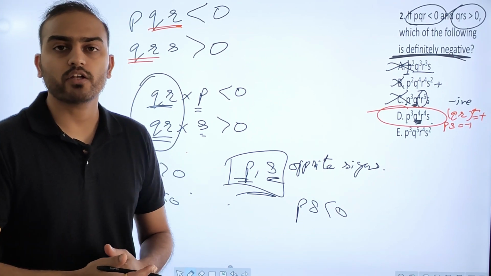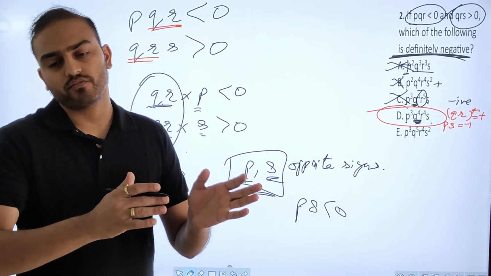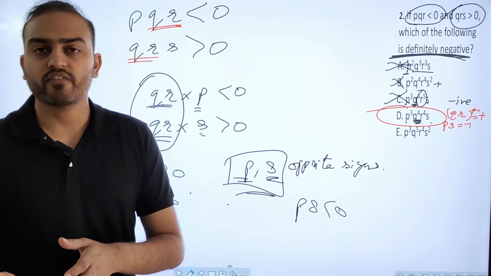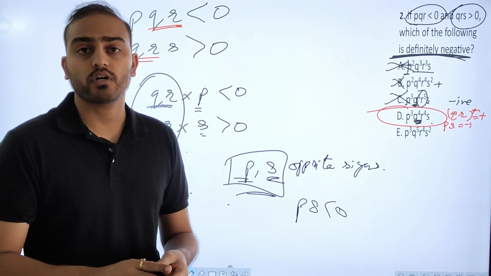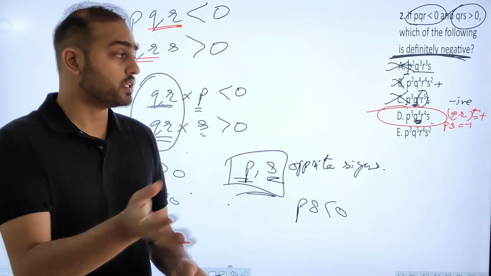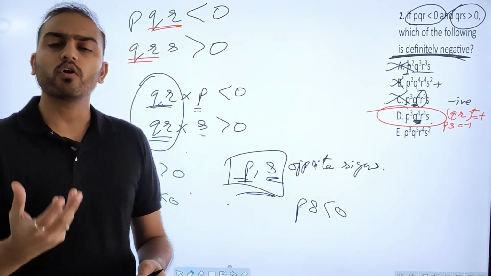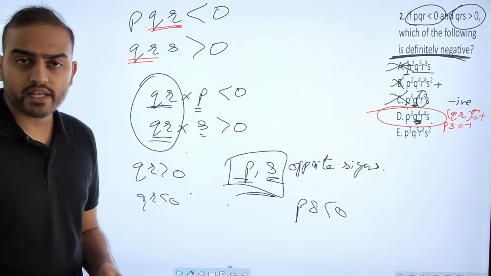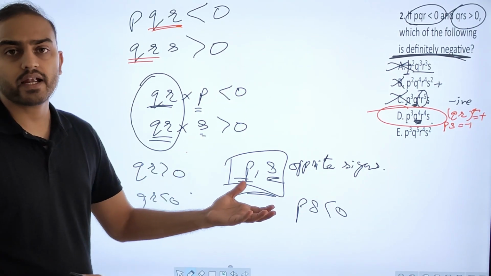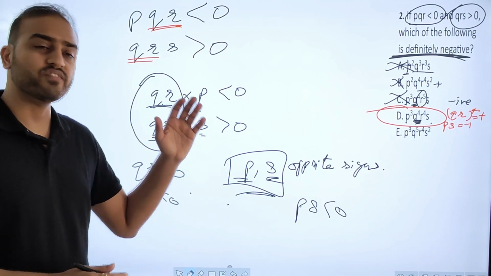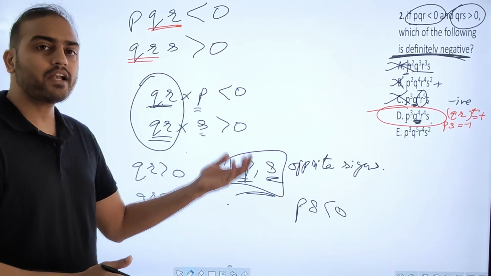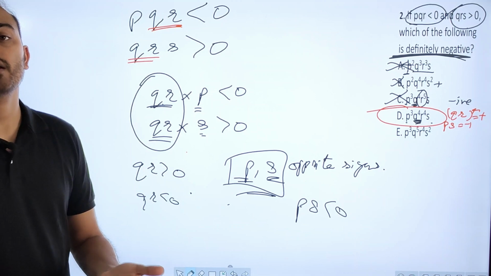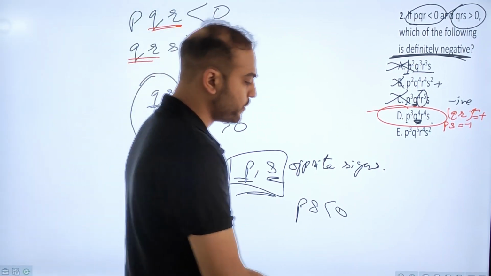Whereas when you are plugging in values, you are never sure whether you have put all the possible values or not, or whether you have missed out on something which negates this. You're always underconfident, or you always doubt yourself. So instead of plugging in values, please try and understand how we can solve all of this very easily, quickly, and theoretically, so that we can be more confident while we are answering the question.